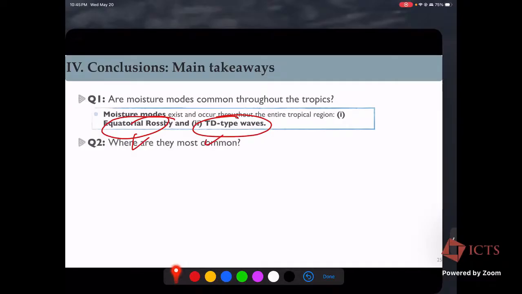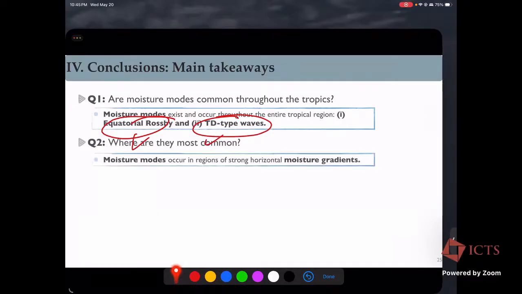Where are these waves most common? As I showed previously, these moisture modes occur in regions of strong horizontal moisture gradient. They are not active where the column moisture is maximum. So the moisture gradient is more important in causing the instability for these disturbances.